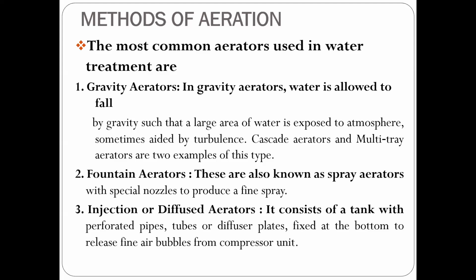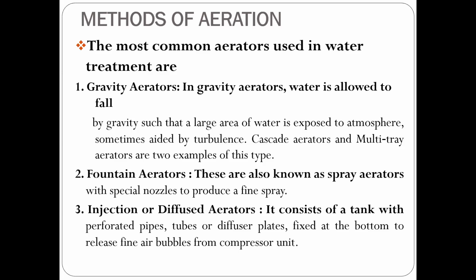Sometimes turbulence is created when we add atmospheric oxygen into the water, and due to turbulence or sparkling, the oxygen automatically gets mixed into the water. This is caused in a cascade aerator. I'll show you images of the cascade aerator. The multi-tray aerator is also an example of a gravity aerator. So these are the two major types of gravity aerator.